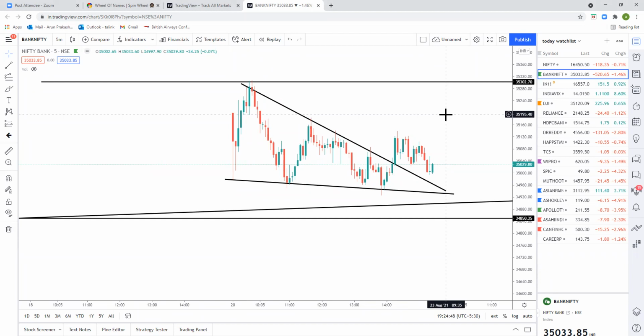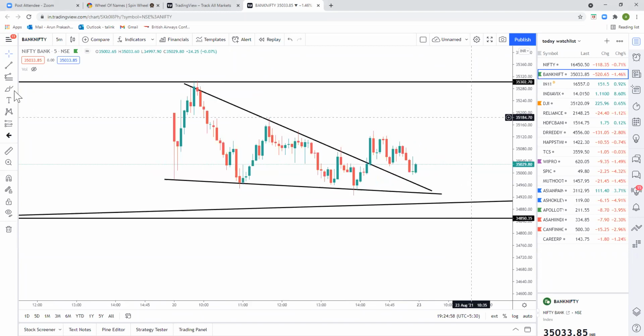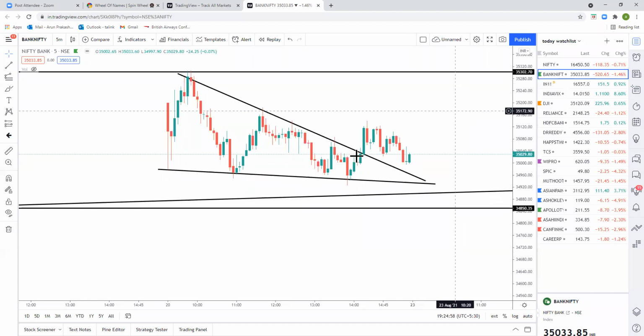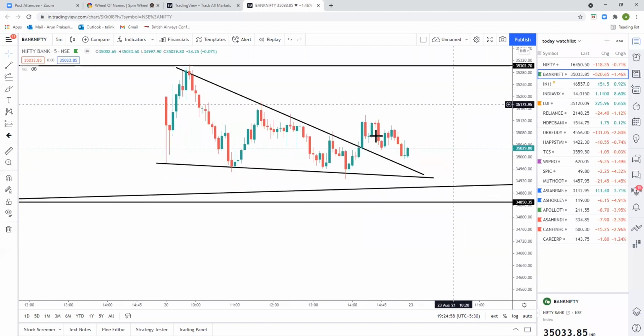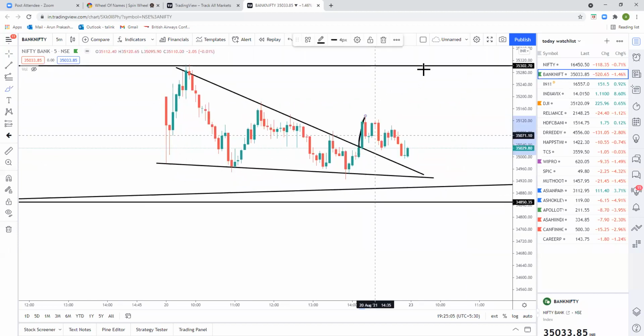See, maybe because of the market breadth also. If something has worked for you, it may not work for you for the entire year. Yes, that I understand. Okay, see, what people do is, if this is giving a breakout and going up, they will be very happy about this pattern.